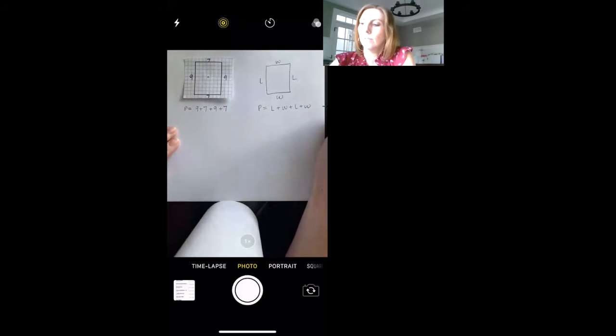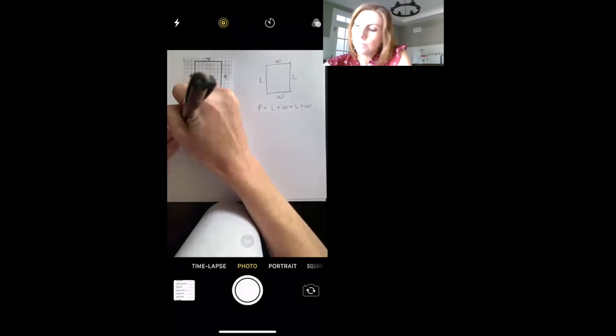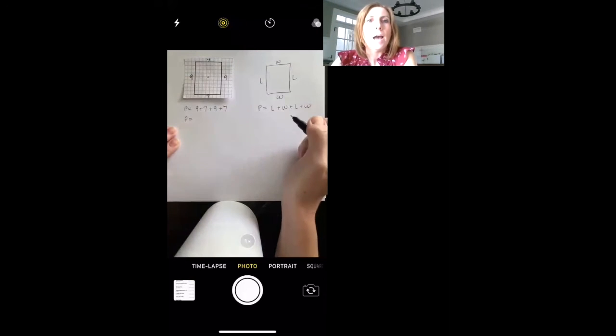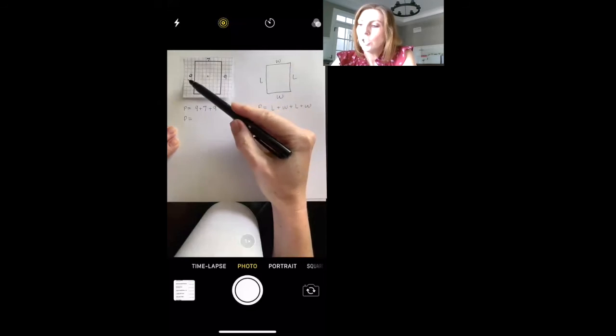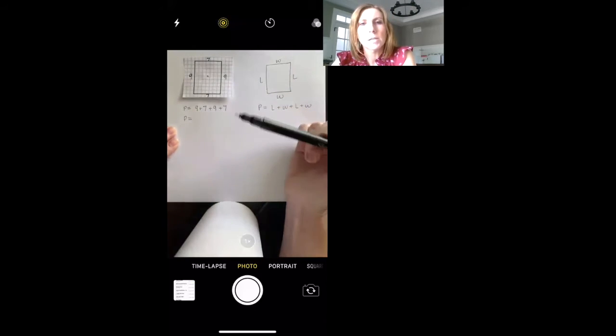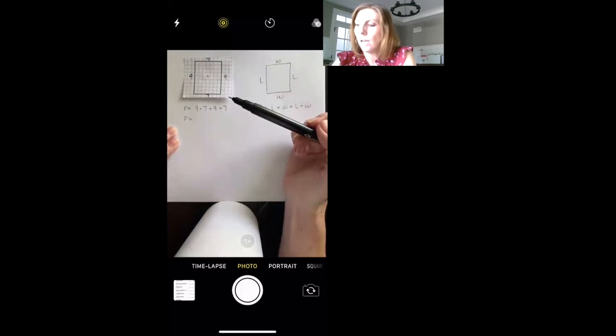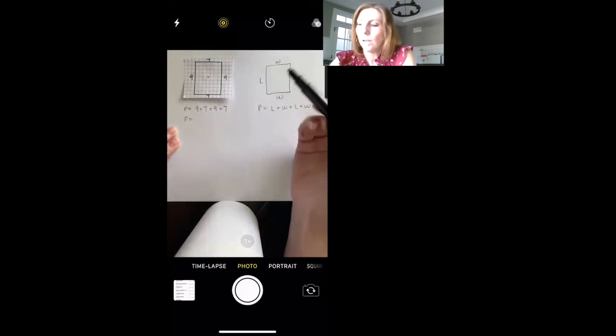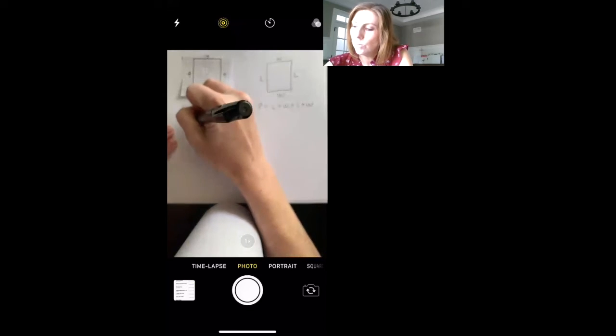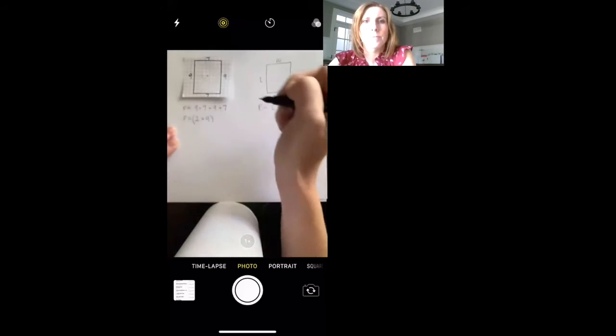Okay. Now let's take this even further. I'm noticing, and you probably are too, that there are 2 9s and 2 7s because we have a rectangle here. So another way that I can write this is that I have 2 times 9, because I have 2 9s.